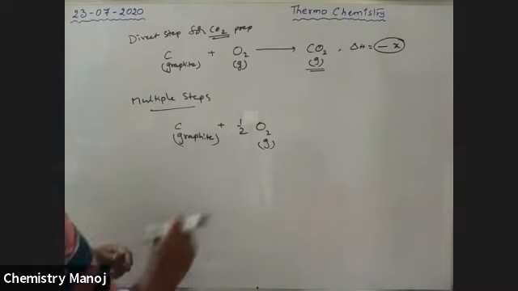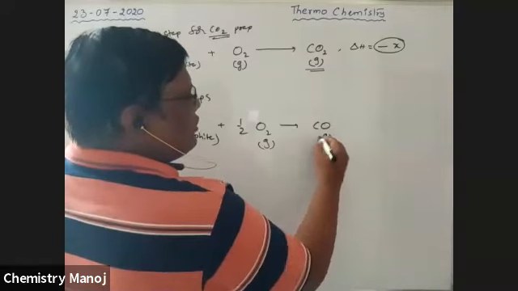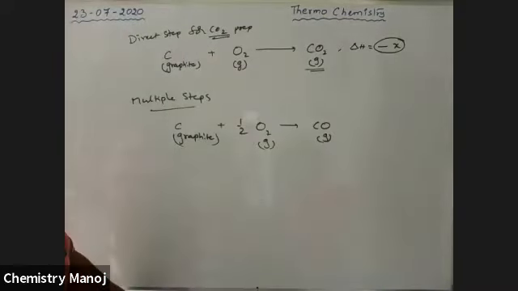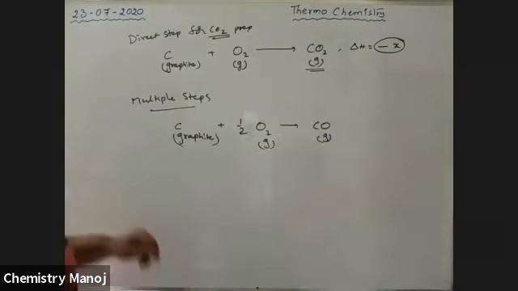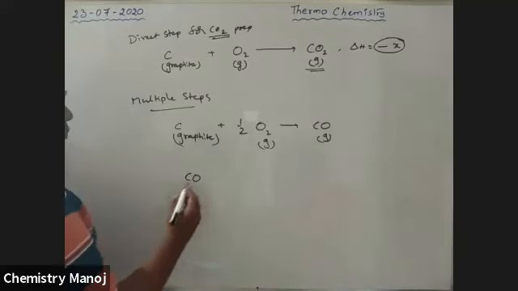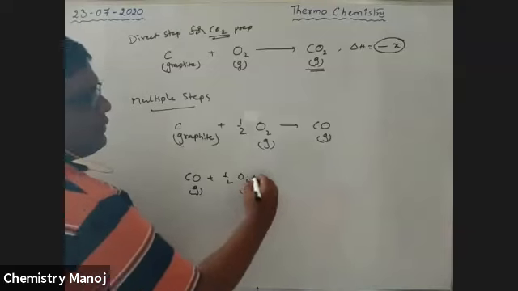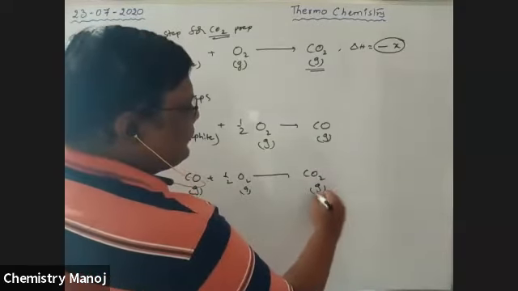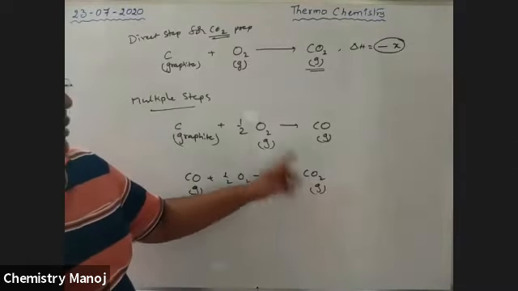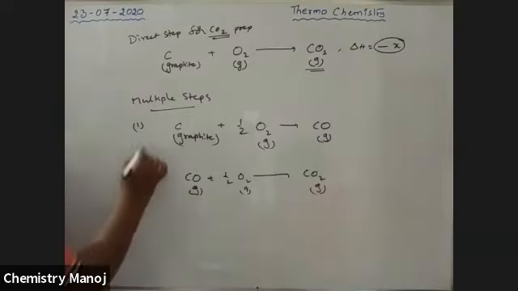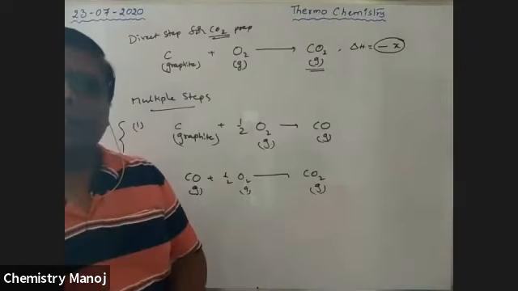That gives carbon monoxide, which is also a gas. That carbon monoxide, in gaseous state, once again reacts with half a mole of O2 gas, and that gives carbon dioxide gas. I'm starting with carbon and ending with carbon dioxide. This is step 1 and this is step 2. This is a 2-step way to prepare CO2 gas.